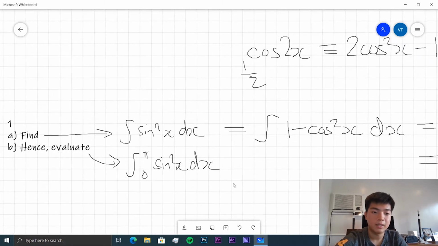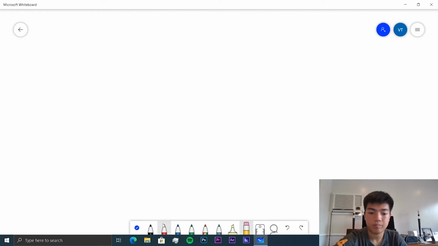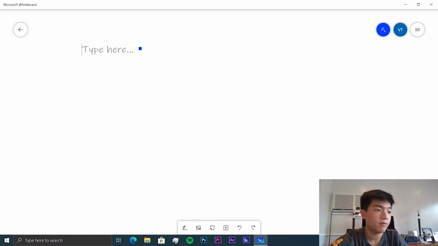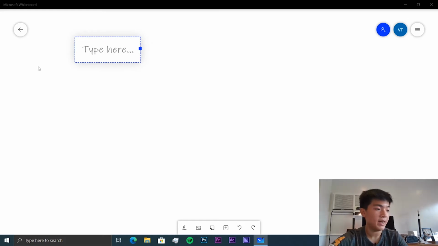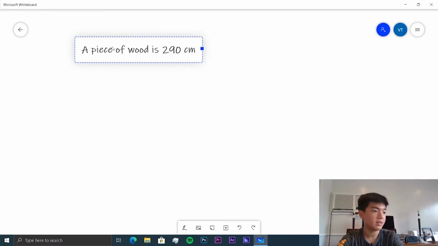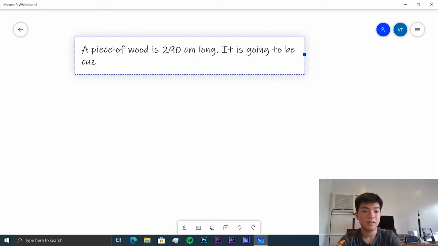So that was good, and on to the next one. For the next question, a piece of wood is 290 centimeters long. It is going to be cut into 10 pieces.